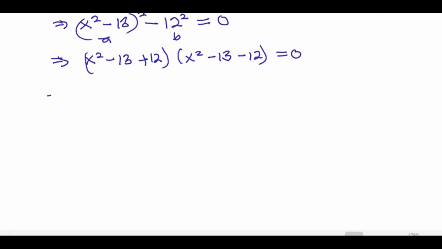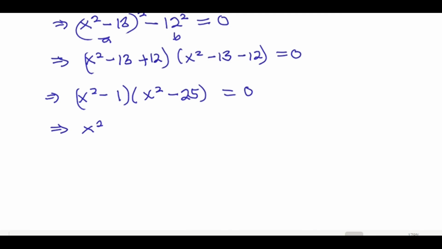So this implies that x² − 13 + 12 gives us x² − 1, multiplied by x² − 13 − 12, which gives us x² − 25, equals 0. So either x² − 1 = 0, or x² − 25 = 0.